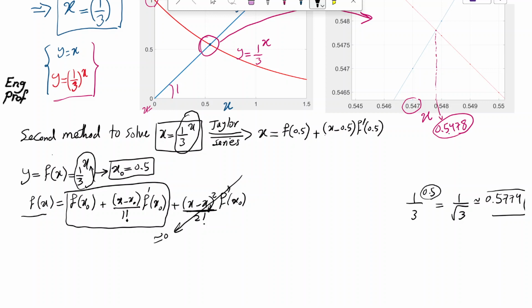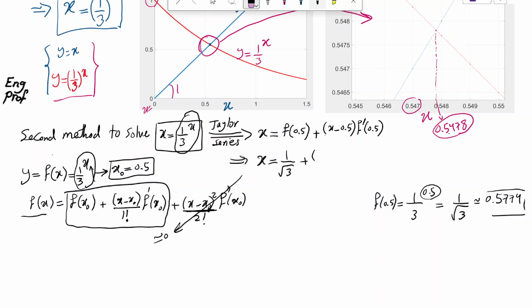All right, so my equation therefore becomes x is equal to, well, f of 0.5 is simply 1 over 3 to the power 0.5, which I just showed you. So this one is f of 0.5, which we just found is 1 over root 3. Keep it. And the next term is x minus 0.5 times f prime.